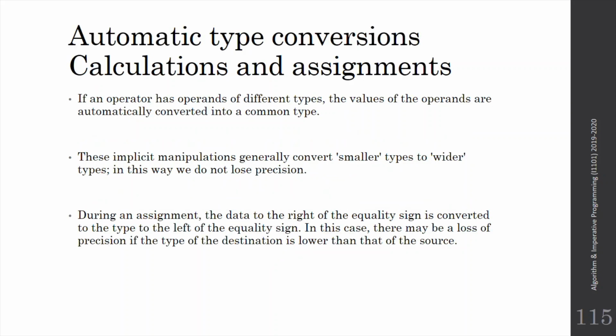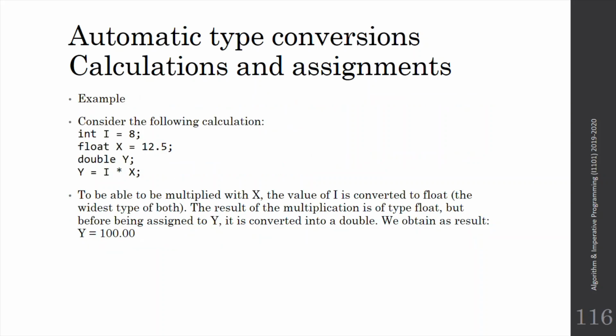As we know, if we have an operation that contains variables of different types, the higher type will dominate, so automatically there will be a conversion to the higher type. Let's take an example.